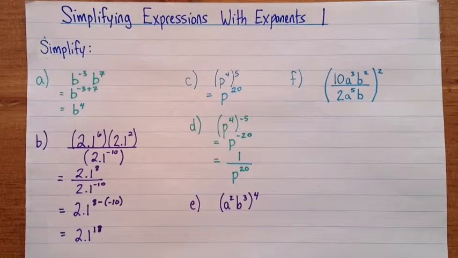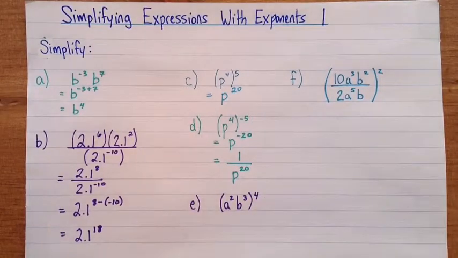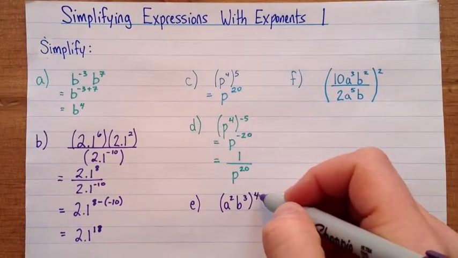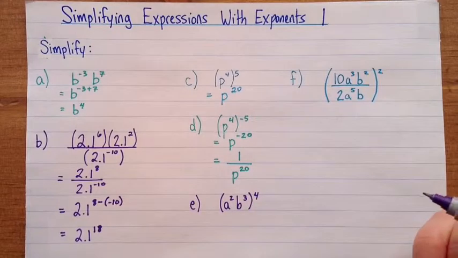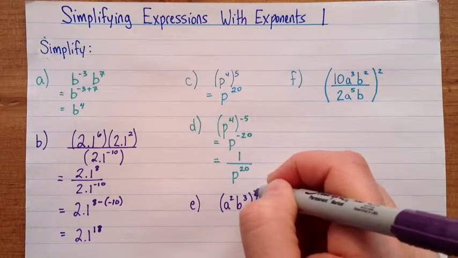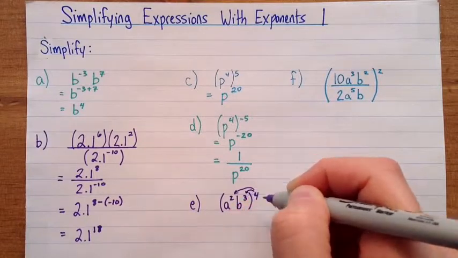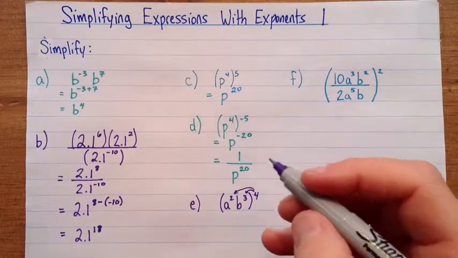Okay, so the next one, we've got a squared, b cubed, and all of that is to the exponent 4. So here we have a power of a product, and actually both of the things in the product are also powers. But what that tells us, the power of a product, we can just apply this exponent to both of those things inside.